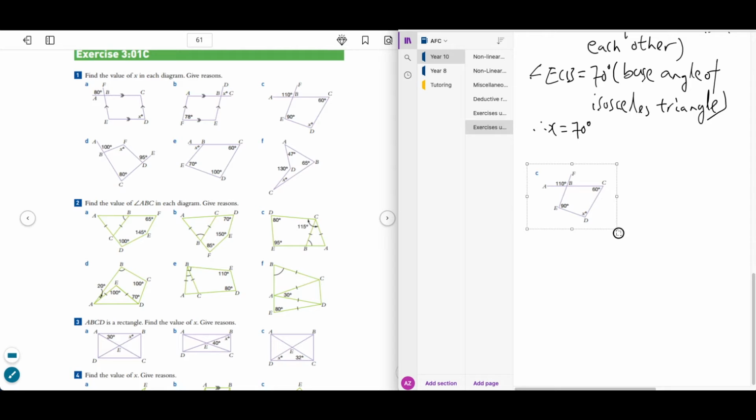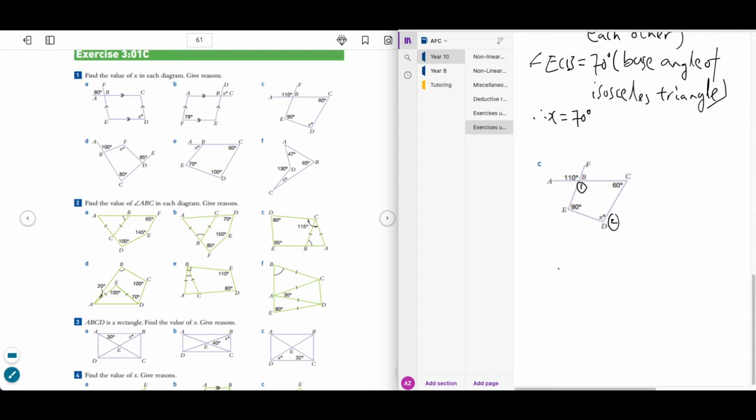So how do we do this? Well, we know this angle, so we know that this is going to be the same, right? That's just step one, vertically opposite, and then the angle sum of a quad. So this one's pretty easy. Now we just have to write it.